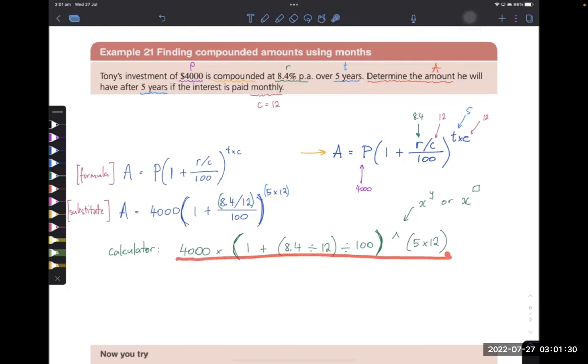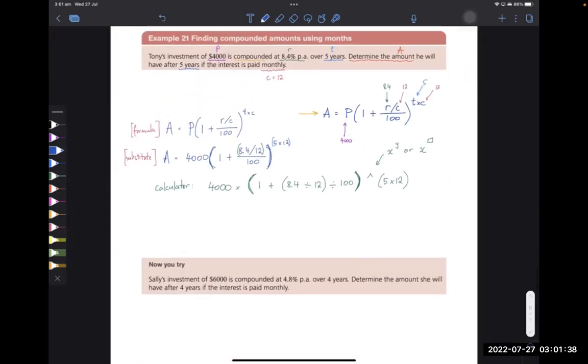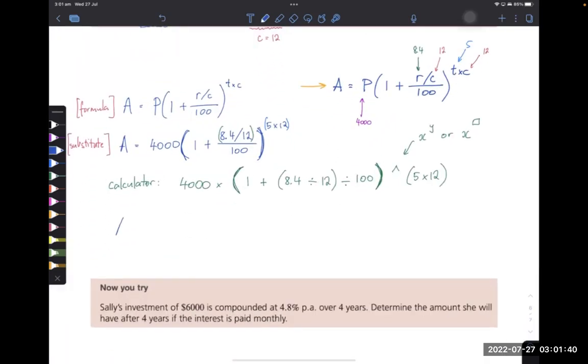If you type this whole line into your calculator, it's exactly the same as this here. So I'll show you in both ways, and then we'll write out our answer.